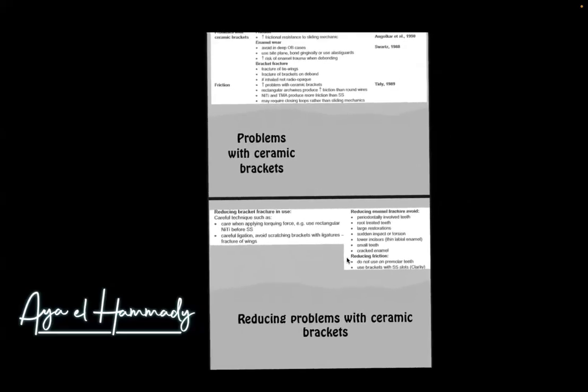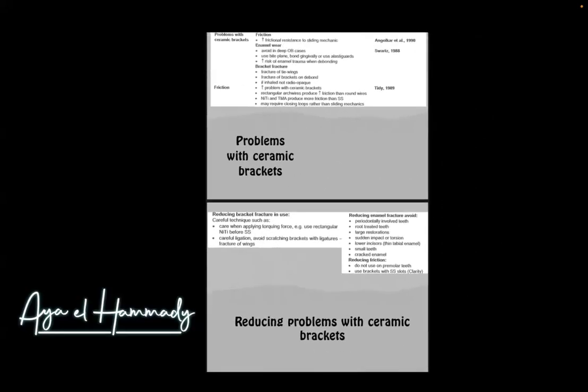What are the problems of the ceramic? First of all, we have an increase in the frictional force. Increased friction means what? Less movement, less sliding mechanics. So if we are going to use the ceramic one with the metal slot and the metal mesh, it will be the best option.